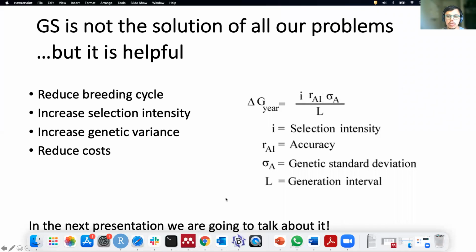And we can also increase the additive variance in the populations, because with the molecular markers we can estimate the genetic diversity that we have, and then plan ahead.